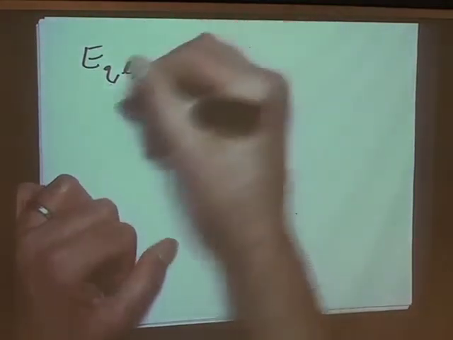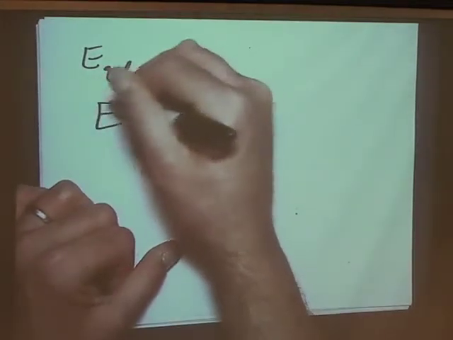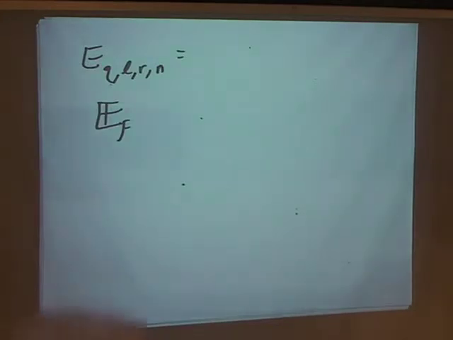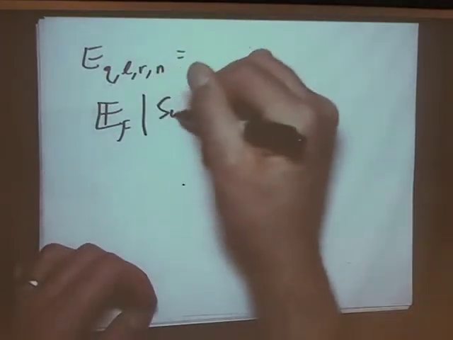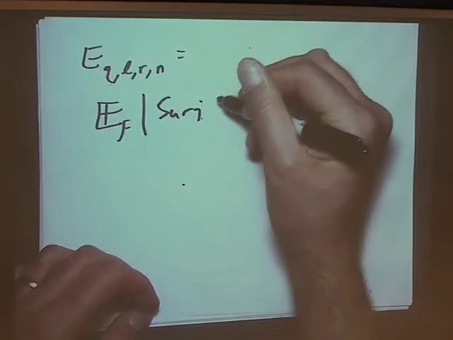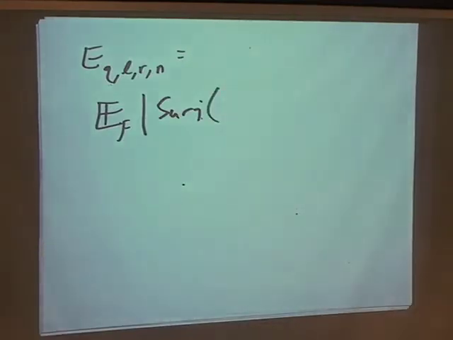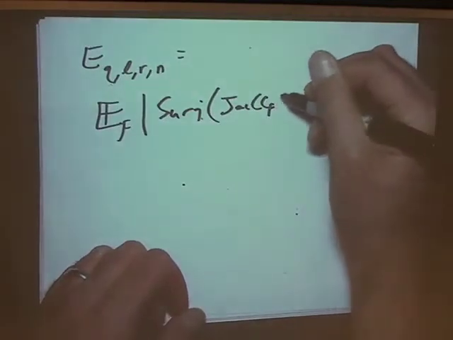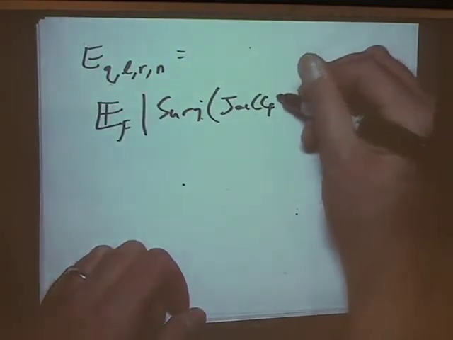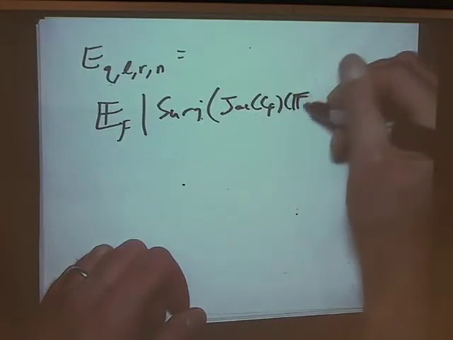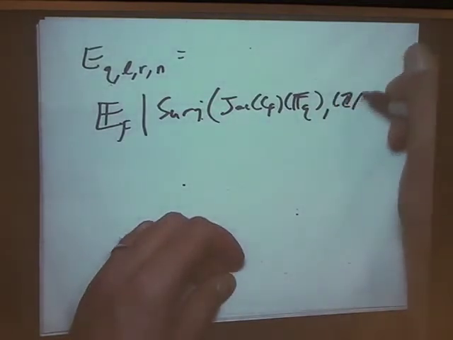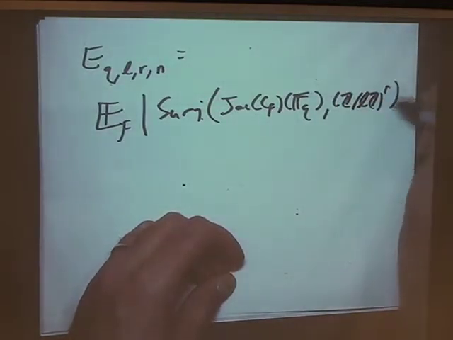E_{Q,L,R,N} is the expected value, as f is chosen randomly from monic square-frees of degree n, of the number of surjections from, well, the analog of the class group, this group, the F_Q rational points in the Jacobian, to (Z/LZ)^R.